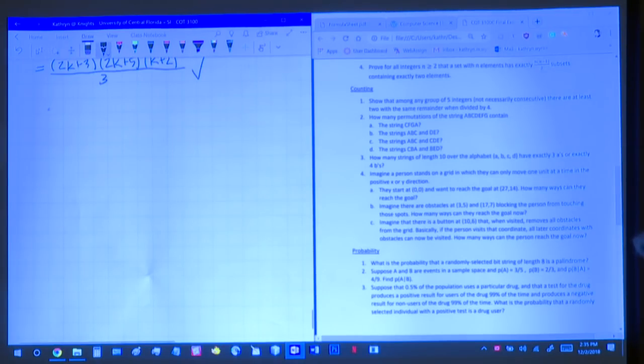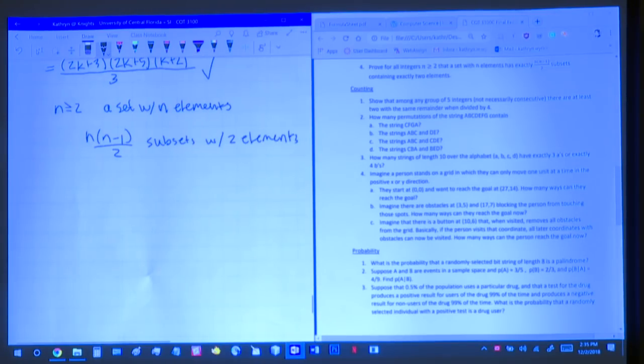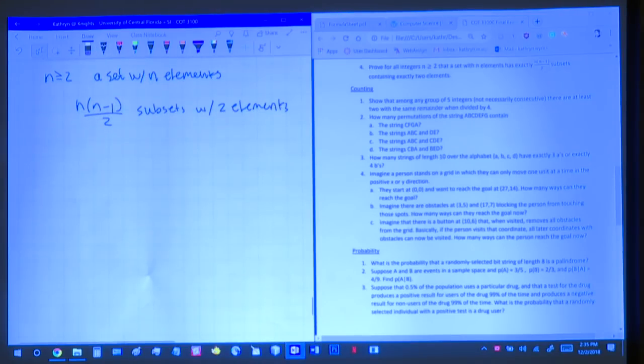So it's basically prove for all integers n greater than or equal to 2 that a set with n elements has exactly n times n minus 1 over 2 subsets with 2 elements. So this one looks really weird, but it is an induction one technically.